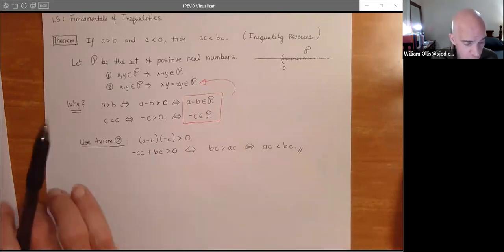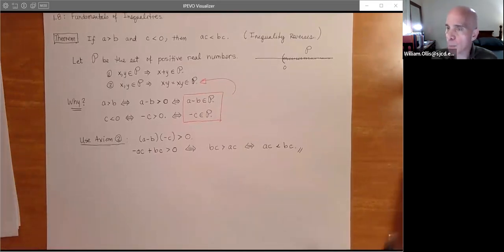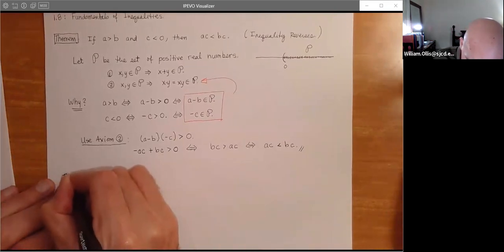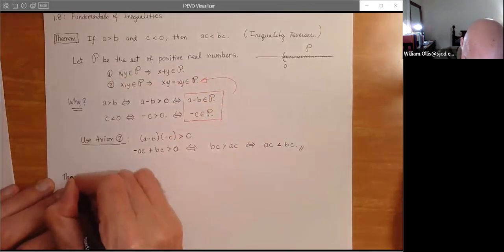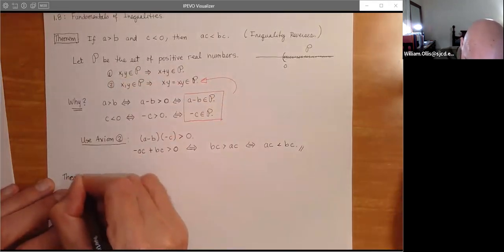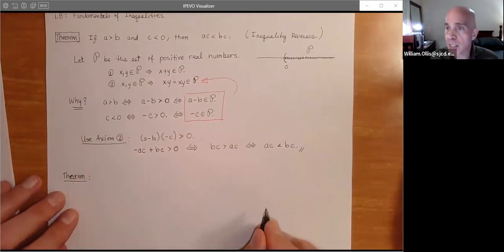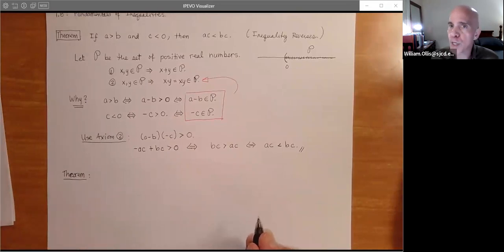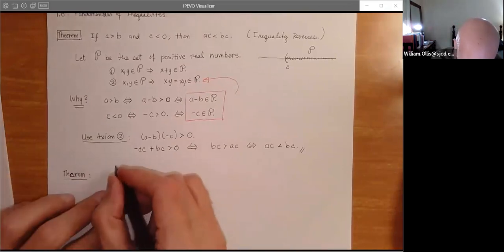Now, there were just a couple of other things that I wanted to share with you and do a couple of examples. Here's another theorem, and you can think about the proof if you want. I think I beat you up enough with that one. So theorem. This has to do with the conjunction and the disjunction. If you want to think about this on your own, that's fine. We'll use this enough that you'll actually remember it. So we're going to do the same thing we had before.